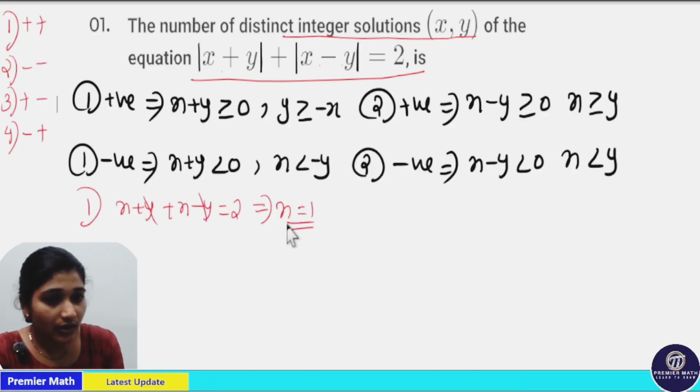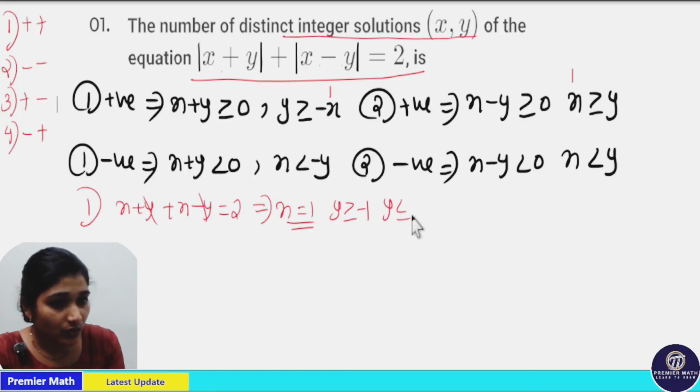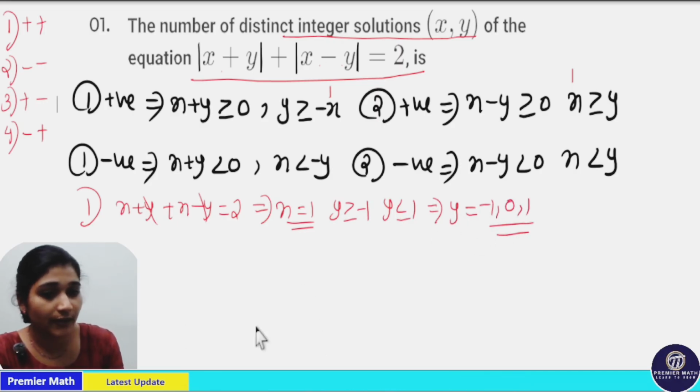Now, if you apply x = 1 in the both positive condition, x = 1 means y >= -1, and x = 1 means y <= 1, which means y can have the values -1, 1, and y can choose the value between -1 and 1. So -1, 0, and 1 are possible values for y.